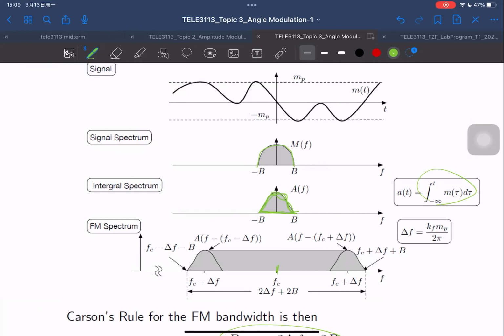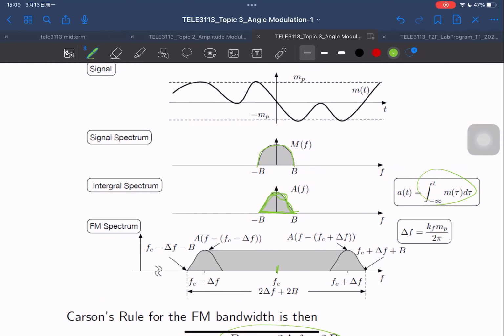Actually, yeah, it's half. So it's gonna be half of e to the j 2 pi 40 t plus e to the negative j 2 pi 40 t.